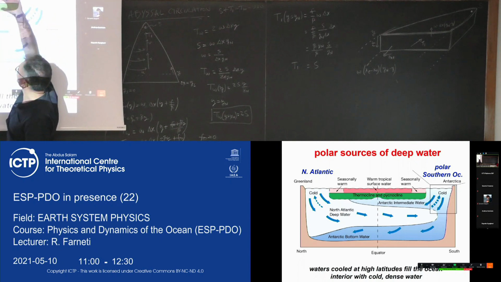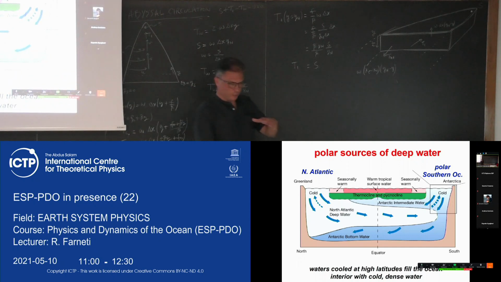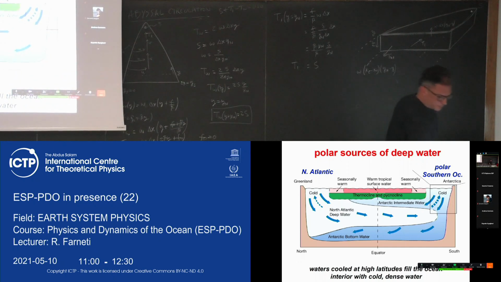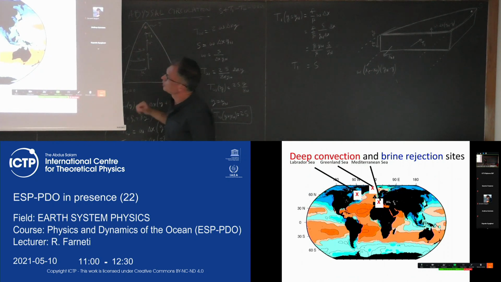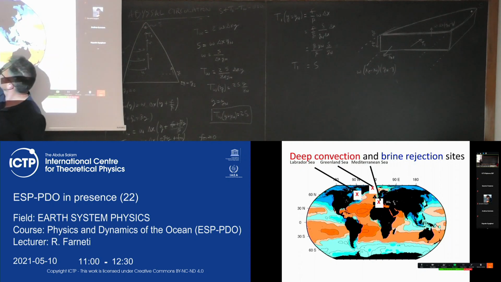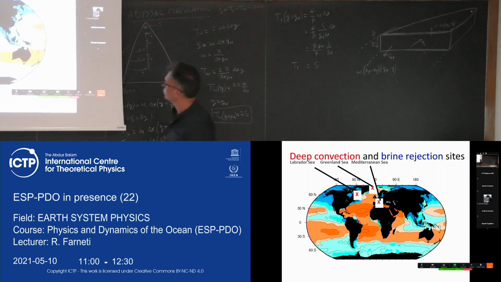Here you have the wind-driven gyres to a certain depth, which is given by the influence of the wind stress. These are the main regions of deep convection and brine rejection, these source sites. There are two in the North Atlantic, Labrador Sea and the North Sea.